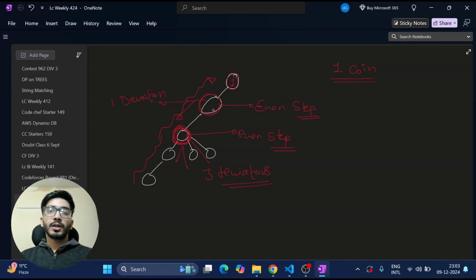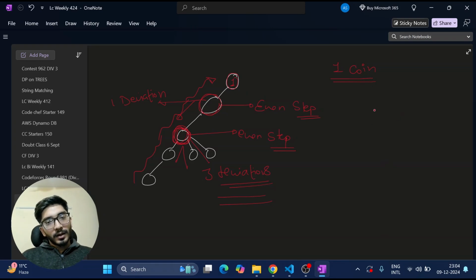So if you have a choice to use a coin, on which node are you gonna use it? On this node, because I know there are 3 deviations, and if I can pass this particular step by giving some amount of coin, that will be more beneficial for me.